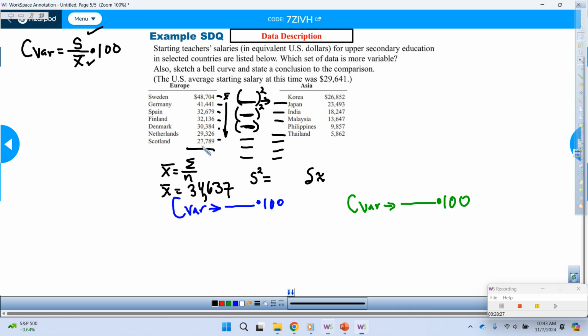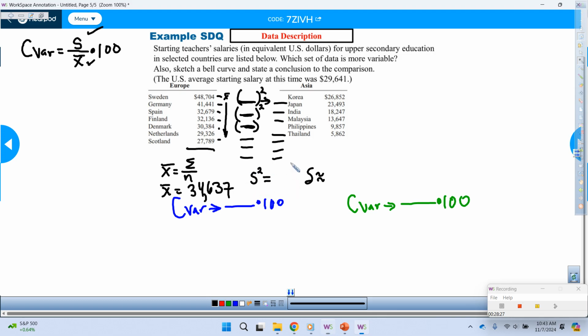You find the sum divided by 7 should have given you 34,637. Then subtract that from each of these numbers, square them, you end up with big numbers, like 100,000s, well, millions, and so on. But they're just numbers, guys. And then from there, you add them, divide by 7 again, and that gives us the variance.